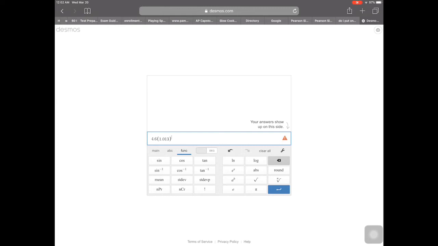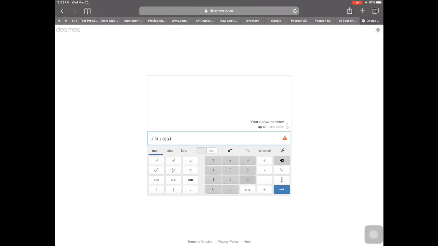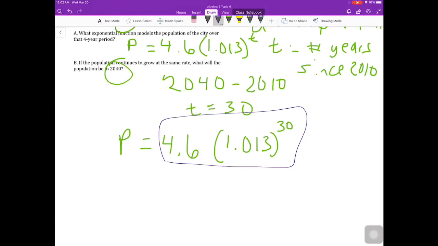There we go. To the 30th power. So our new population then is going to be 6.78 million people.